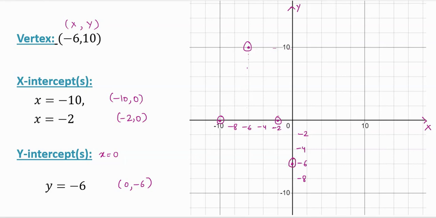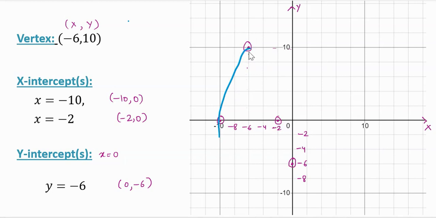For sketching, we just join these 4 points. As we know it's a quadratic function, we should join it by a curve, not a straight line.